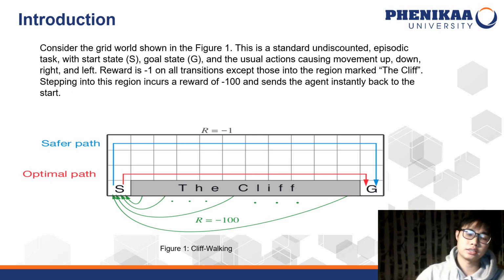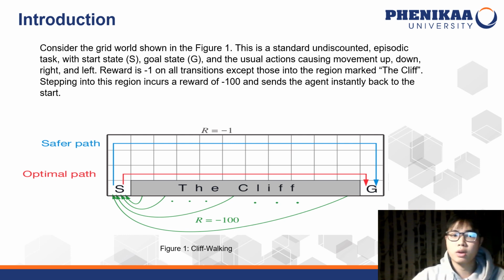So figure 1 shows the grid world. This is a standard undiscounted episodic task with a start state S and a goal state G, and the agent's actions cause movements up, down, right, and left.